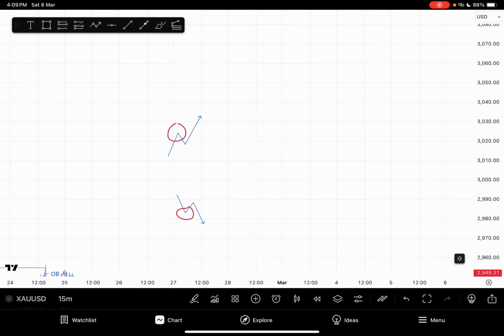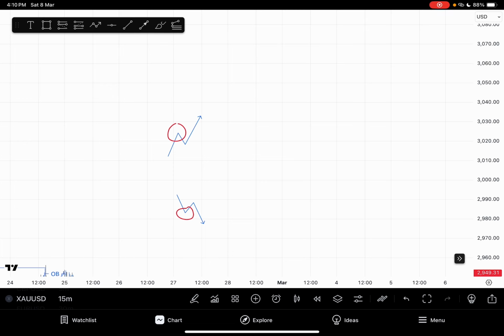And remember, for the breaker structure to be valid, price has to break above the previous high with a full body candlestick, or break below the previous low with a full body candlestick. So that will make the breaker structure valid.